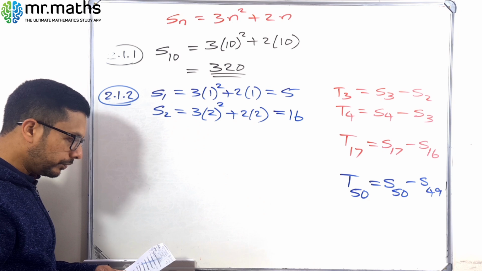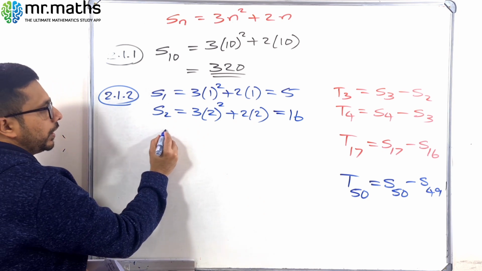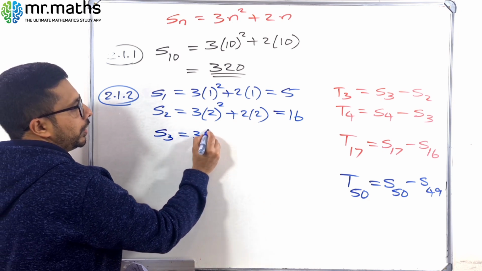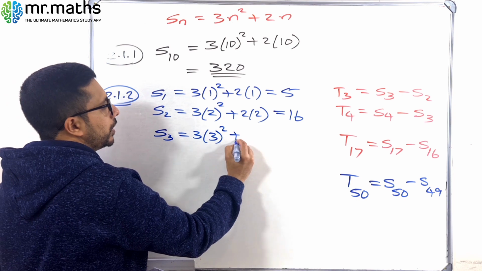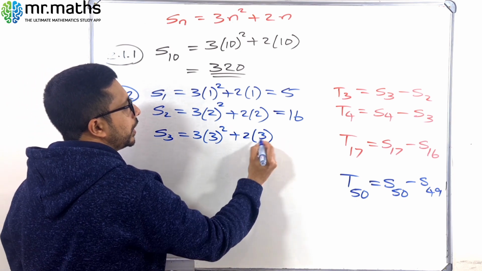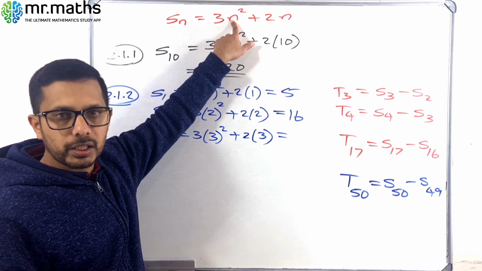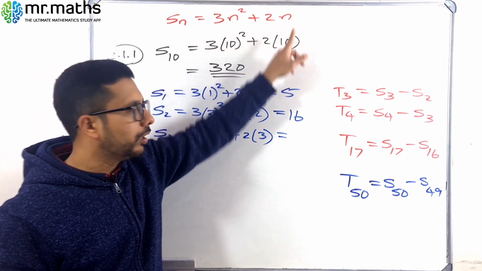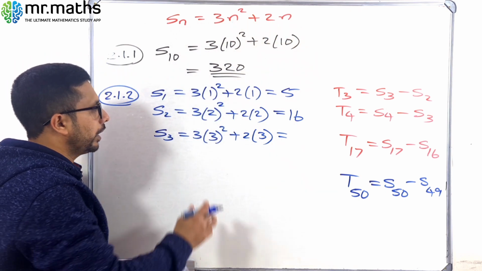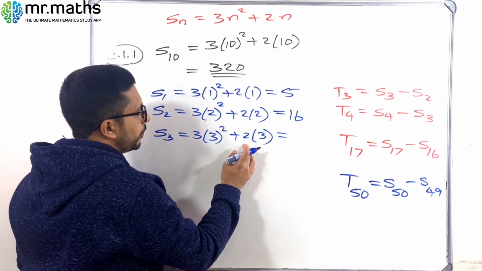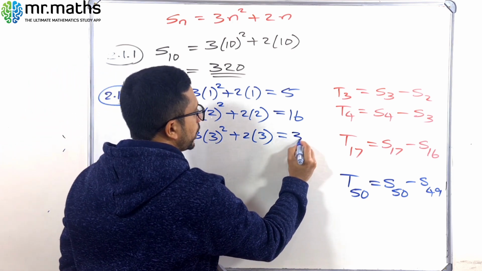Then next one, S3: 3 into 3 square plus 2 into 3. What I am doing here is substituting the value of n as 3, that's all. 3 times 9 is 27, 27 plus 6, 33.